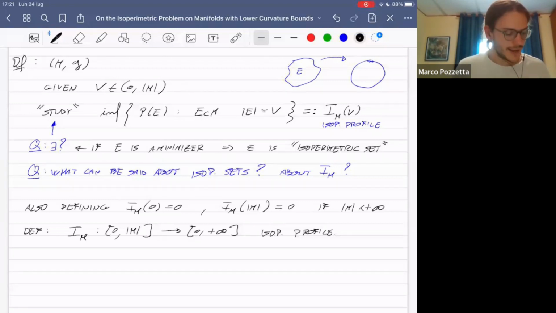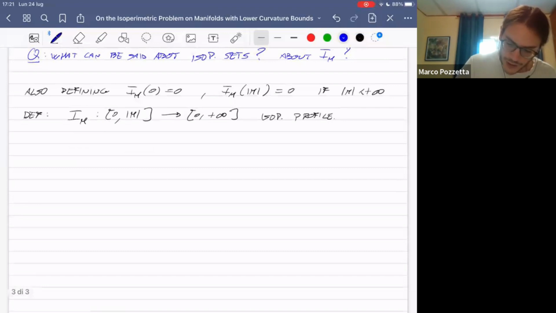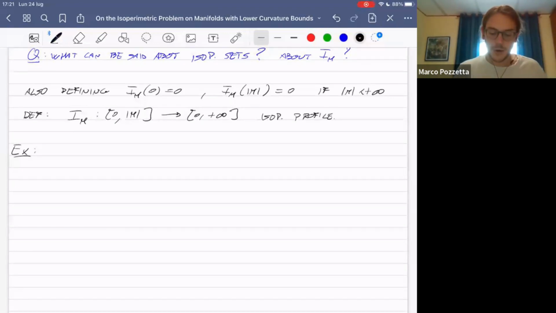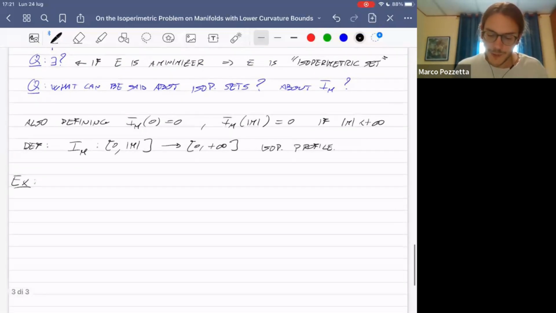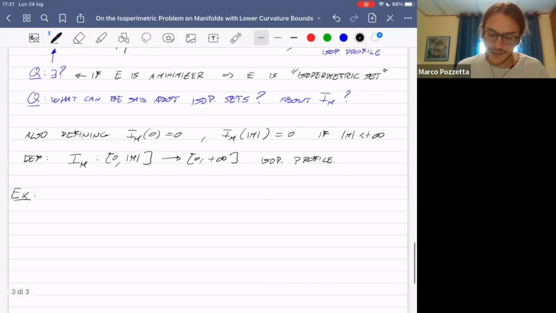And now, in the remaining time, I want to try to give you some examples and some intuition about the very basic facts about this isoperimetric problem. So I want to start with some very basic examples one should remember. For example, I may want to study the isoperimetric profile for the most beautiful manifolds that I could think of.